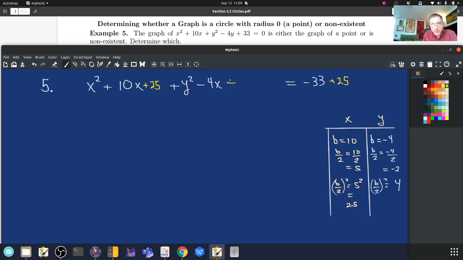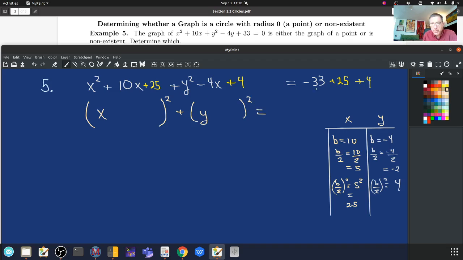So I'm going to add 4 to both sides. So let's go ahead and do a simplification. This is a perfect square. And the y can be expressed as a perfect square.